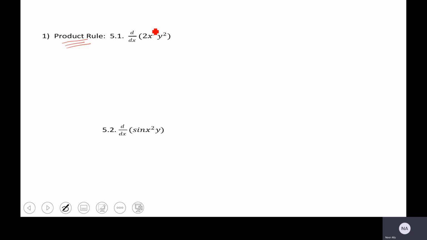So we are going to use the product rule in this case. Now I'm going to use the f, g notation. So I'm going to make f 2x cubed and g y squared. Differentiating using our product rule, I know that that's going to be f prime g plus f g prime.